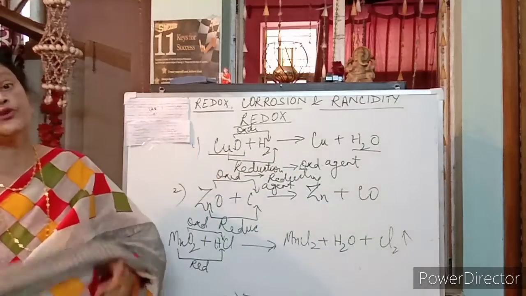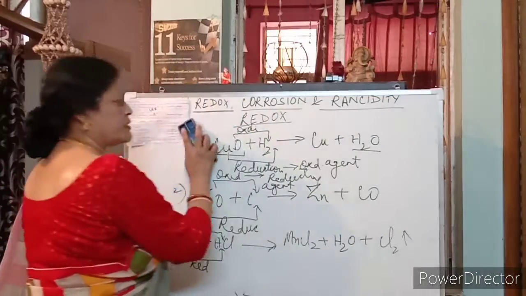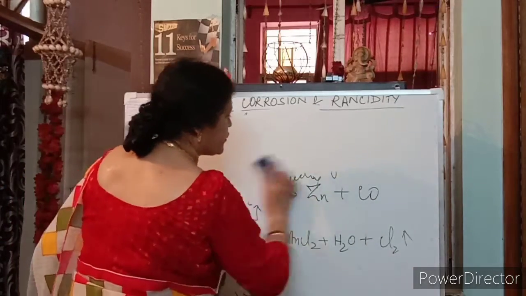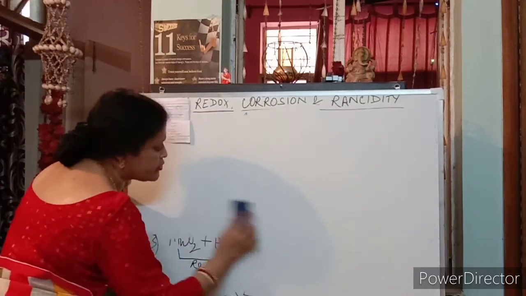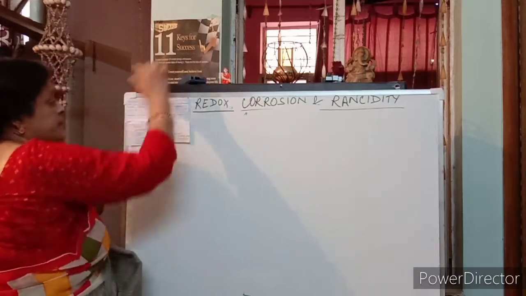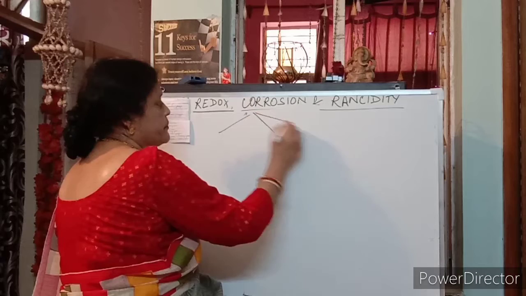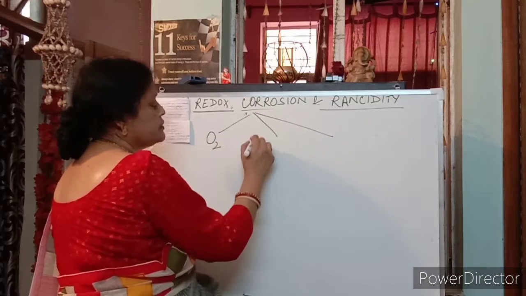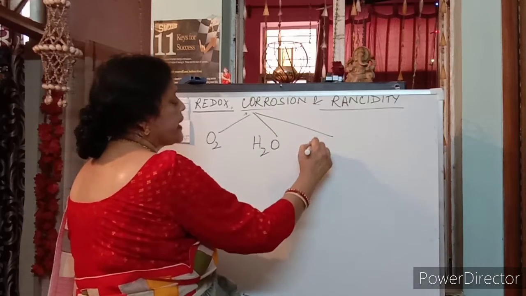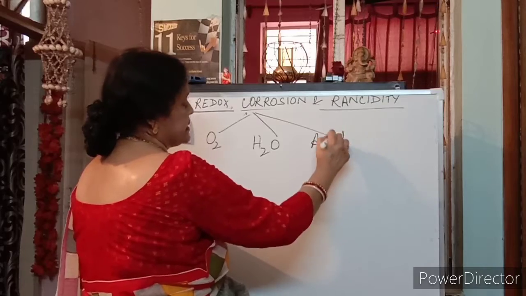Next topic is corrosion. What is corrosion? Already in 8th or in your previous classes you have studied corrosion. It is the spoilage of metal in the presence of oxygen, moisture, or an attack of acid.